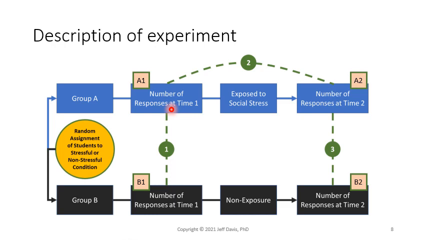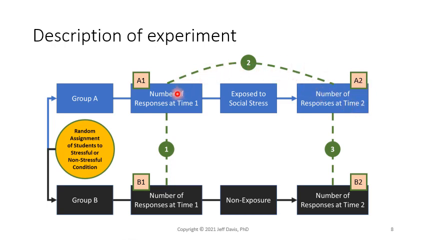The second comparison is going to be between group A1, the group of folks at A1, and then that same group of folks at A2. So group A at time 1 and group A at time 2.